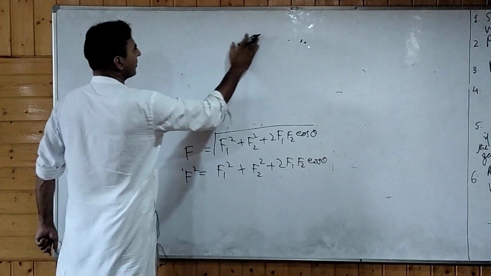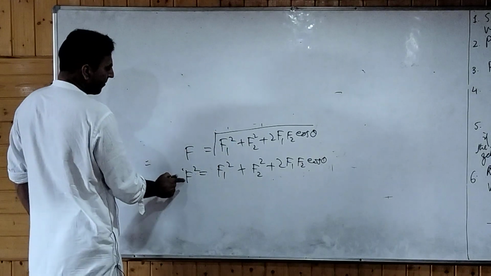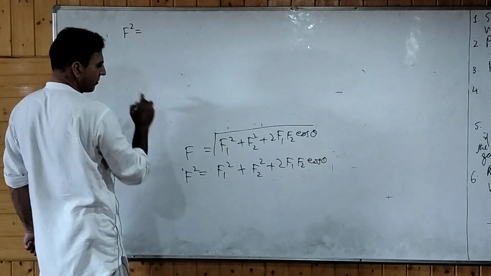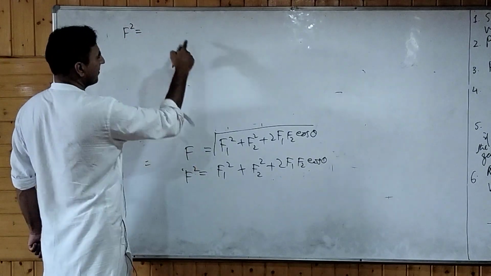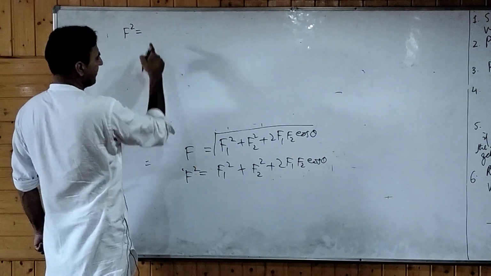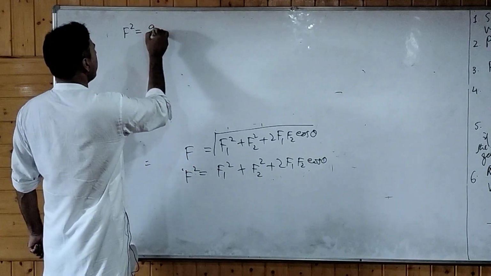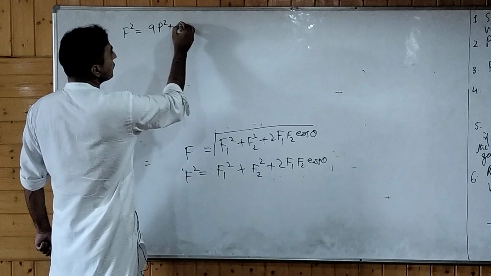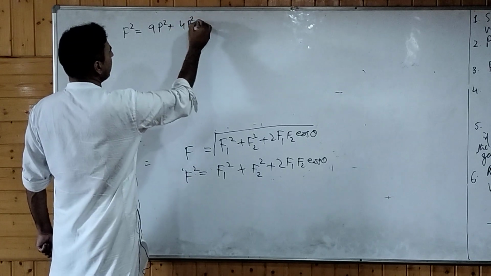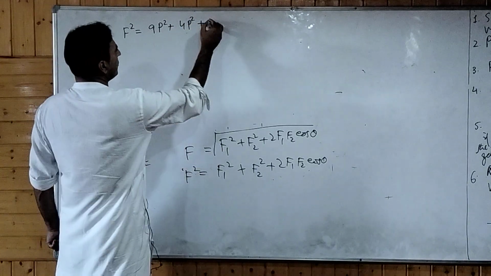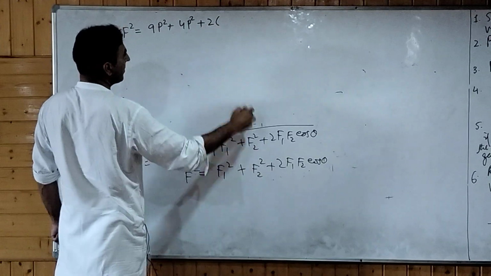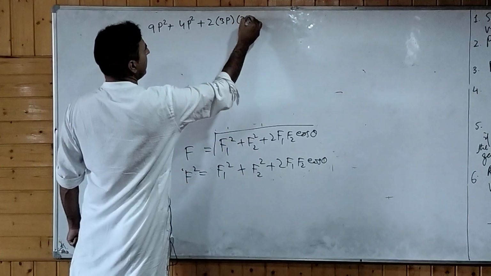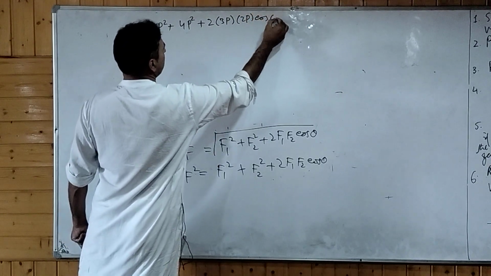F square is equal to, what was F1? That was 3p, that is square of 3p, that is 9p square. F2 was 2p, squared that is 4p square, plus 2 into 3p into 2p cos of theta.